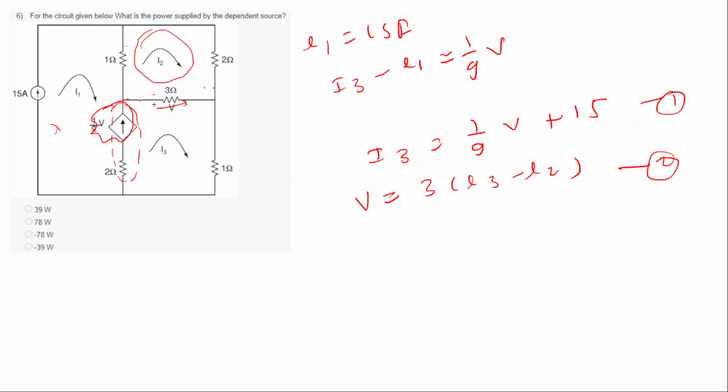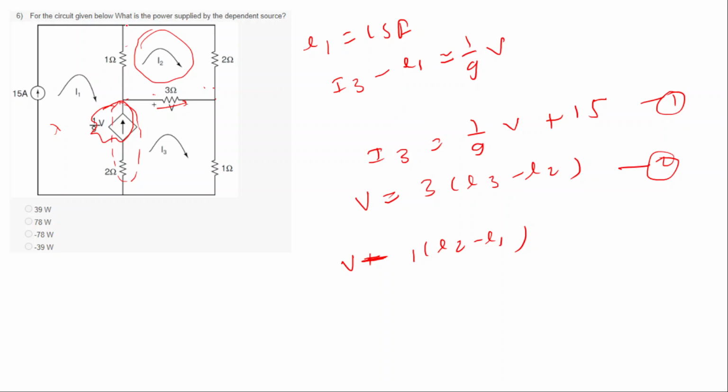Now let's apply the mesh equation in this mesh. From here if we move, it's V volt potential gain, so V plus, if we go in this direction, 1 ohm times (I2 minus I1), and this will be minus because the drop is going in this direction.